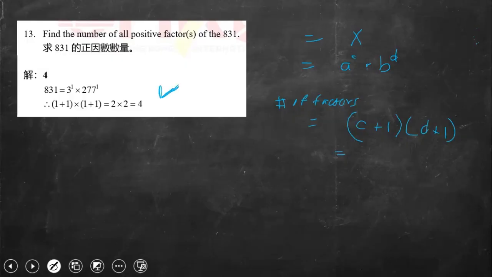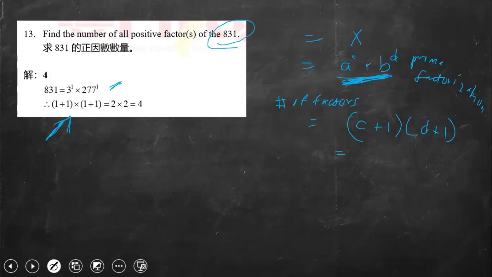We first get the prime factorization of 831. A and B here have to be prime, actually. This is the prime factorization. We know that 831 is 3 times 277.